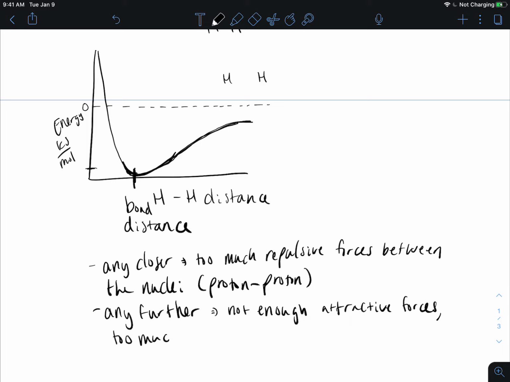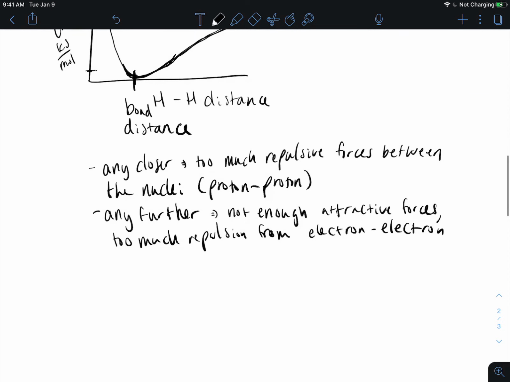Too much repulsion from electron interactions. So it's that happy medium between the two, getting the enough attractive forces while not being too close to be incredibly repulsive.